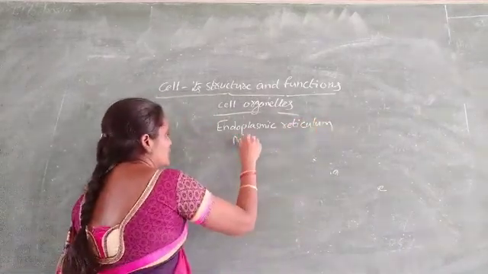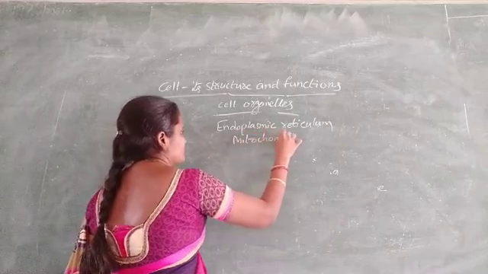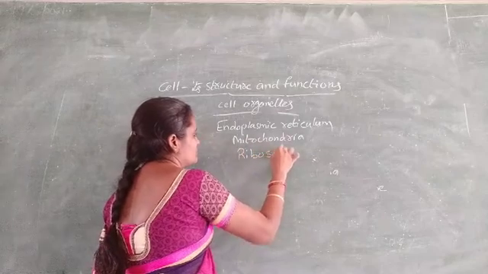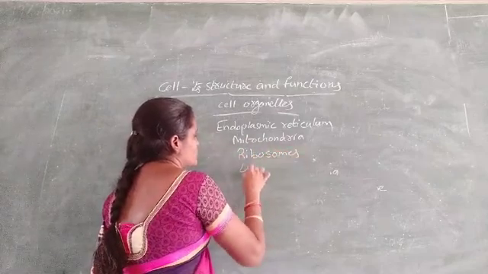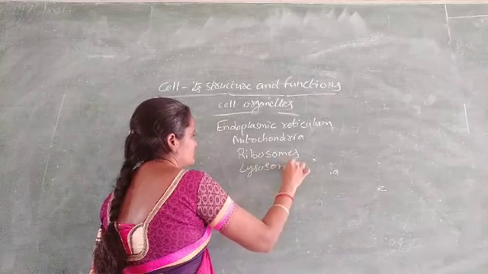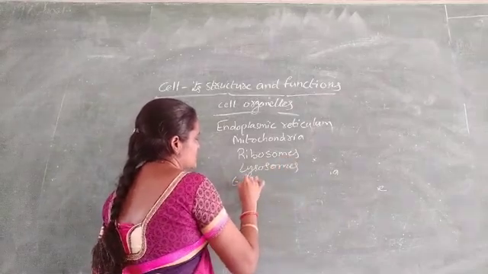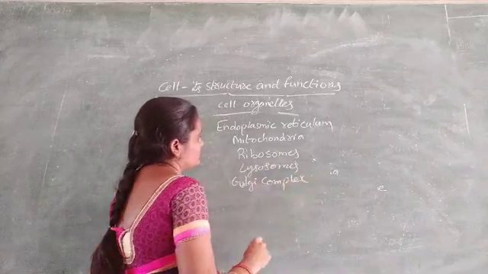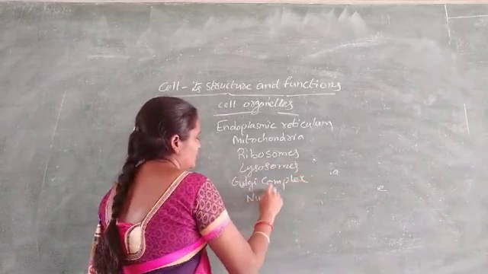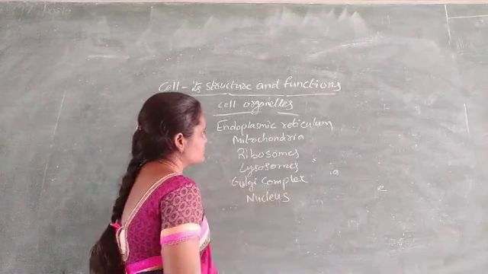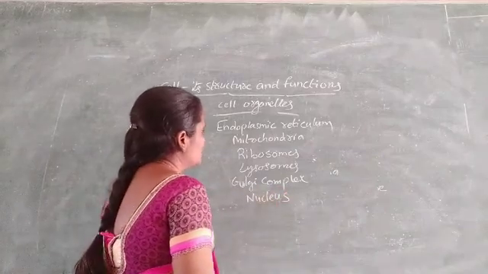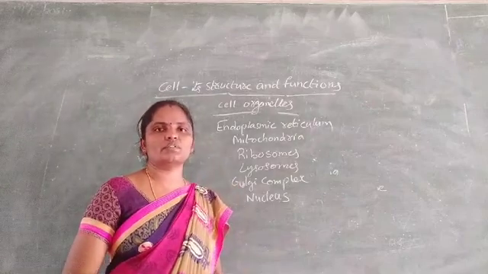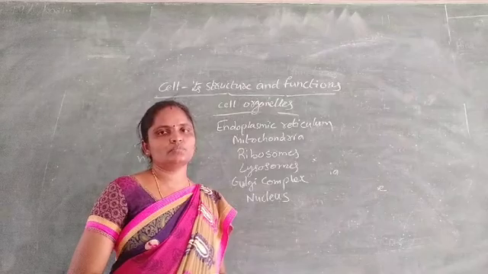Next, mitochondria, the ribosomes, lysosomes, Golgi complex, next nucleus. We have already learned about this nucleus. So like this, we have different cell organelles which are present in the cell that we are going to learn in the next class.